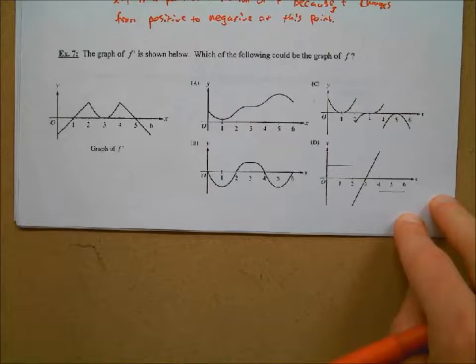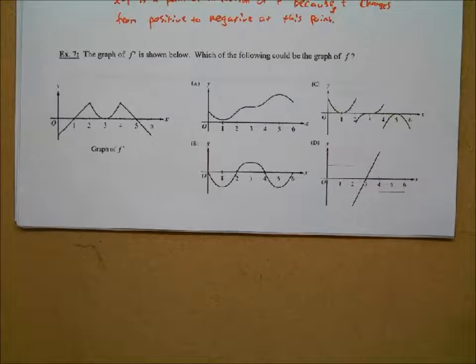Okay. Which of those is the graph of f, if f prime is shown? Look at where f prime is positive. f should be increasing. Look where f prime is negative. f should be decreasing. Locate relative extrema, as well.